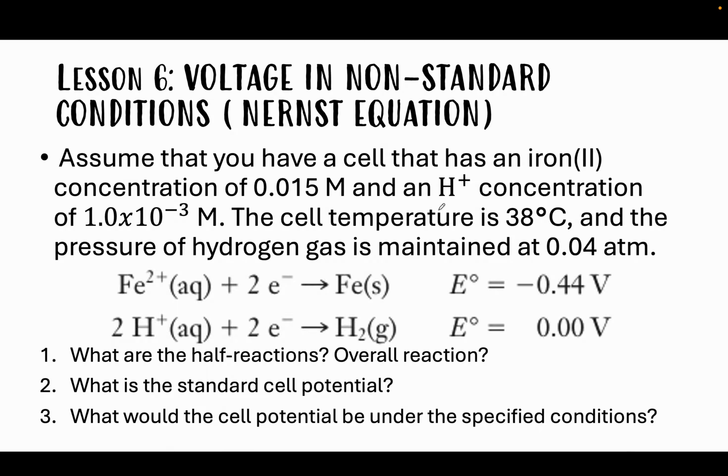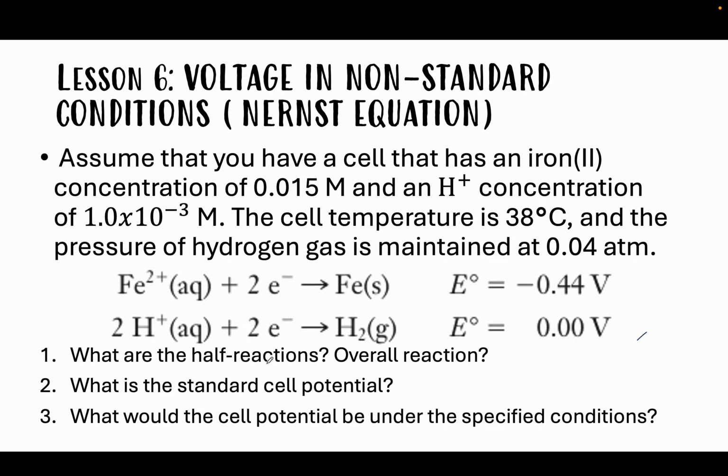The cell temperature is 38 degrees Celsius and the pressure of hydrogen gas is maintained at 0.04 atmosphere. You are given here the half reaction and the standard cell potential of each, and recalling from the previous discussion, the standard hydrogen electrode has a standard cell potential of 0.